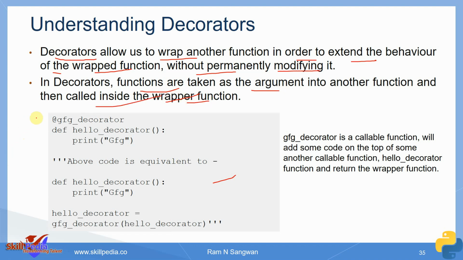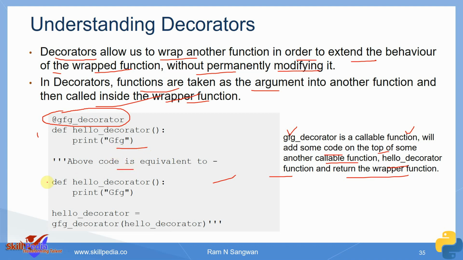So for example, this is a special notation here, @GFG. This is a decorator. GFG decorator is a callable function. We will add some code on top of another callable function, hello decorator function, and return the wrapper function. Like this is our hello decorator function. Print GFG.